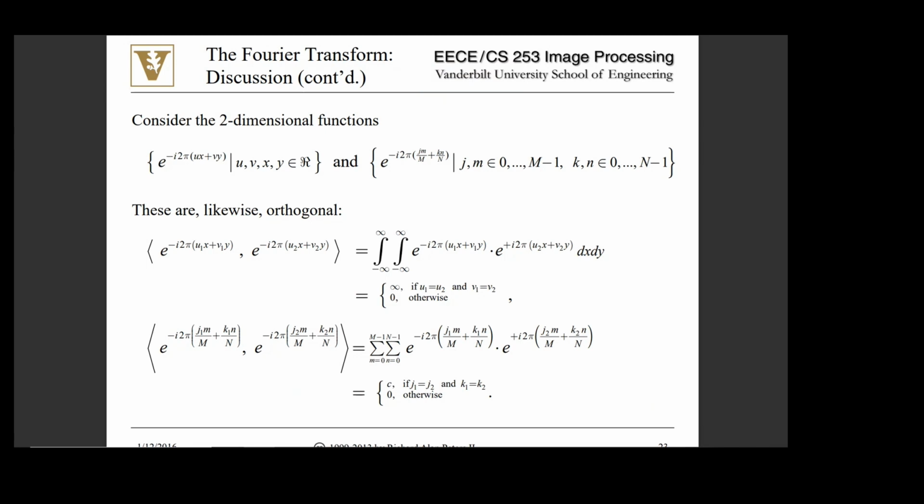Here it is the same, but instead of using omega 1, omega 2, or omega x, omega y, he's using 2 pi u1, 2 pi u2, where u is the frequency. Here you have the same kind of stuff as written.